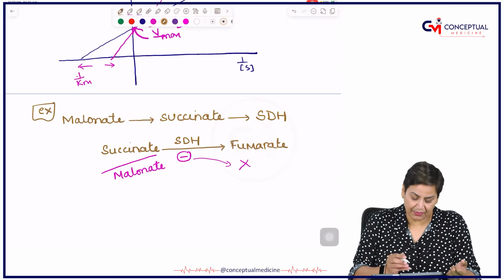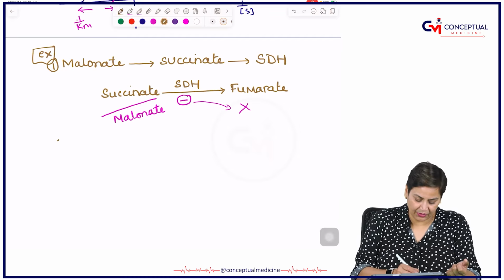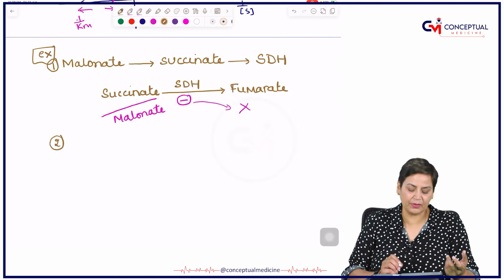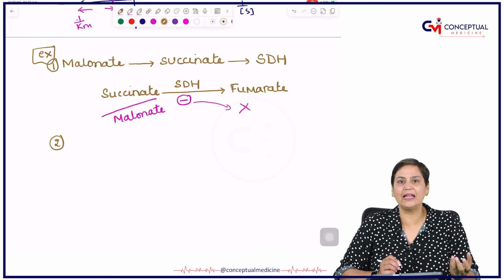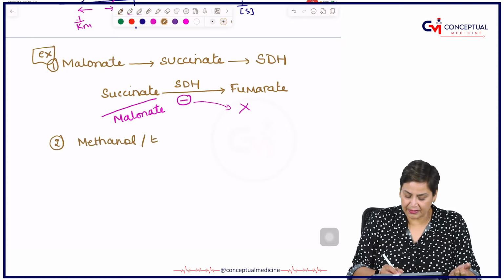The second important example I can quote is methanol and ethanol, because there was a huge tragedy, and there is a clinical application also. If a person ingests methyl alcohol, we know methyl alcohol is highly dangerous, immediately ethyl alcohol should be given as an antidote. So I can simply say methanol or ethanol.